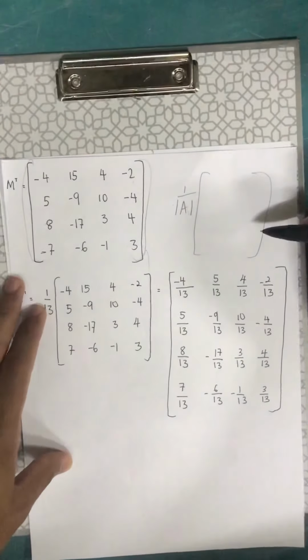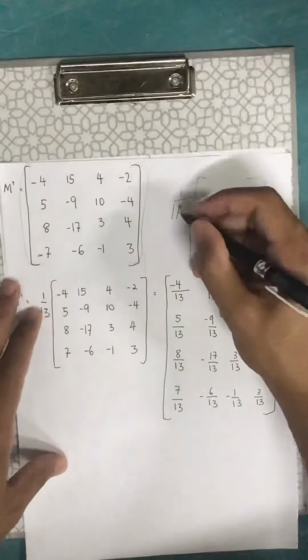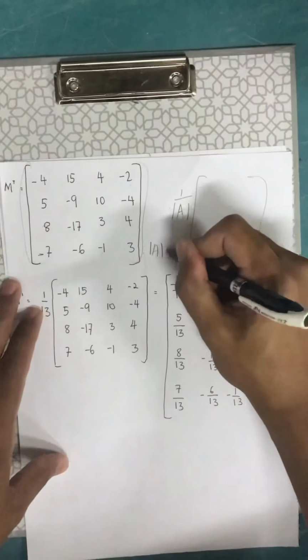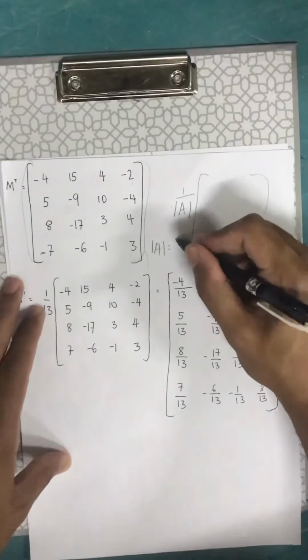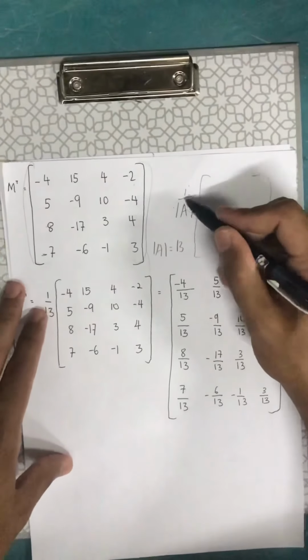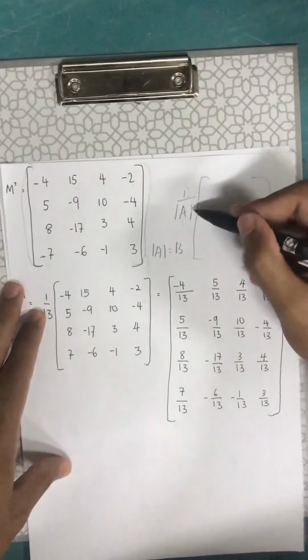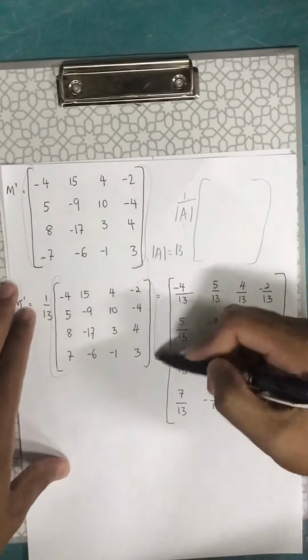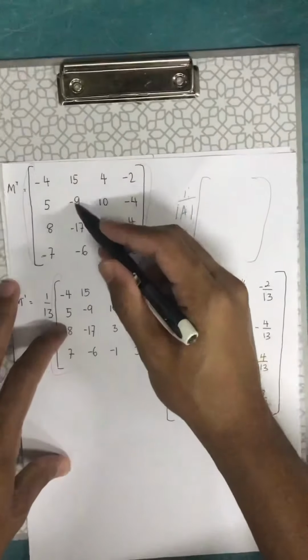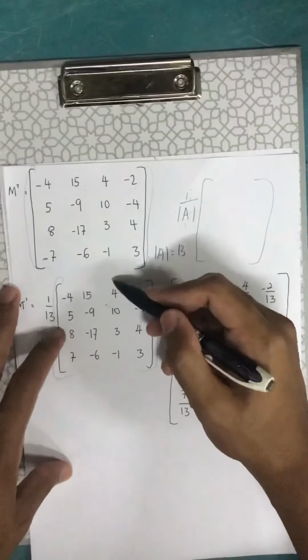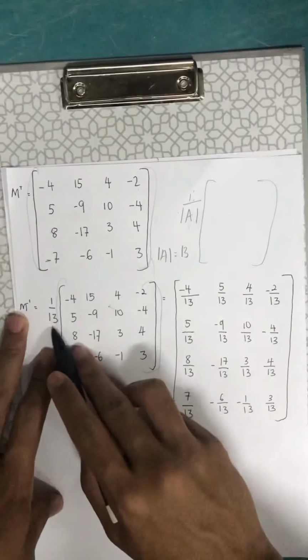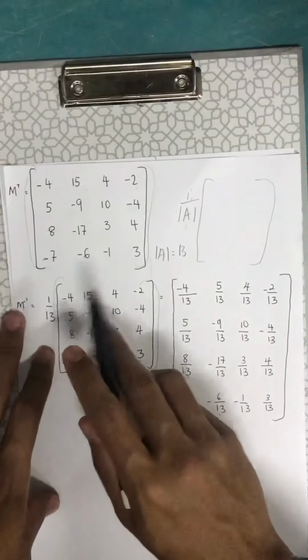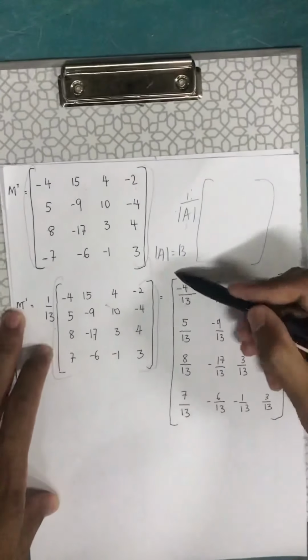So the determinant that we got is 13. So 1 over 13 times with the matrix that we got, this matrix.